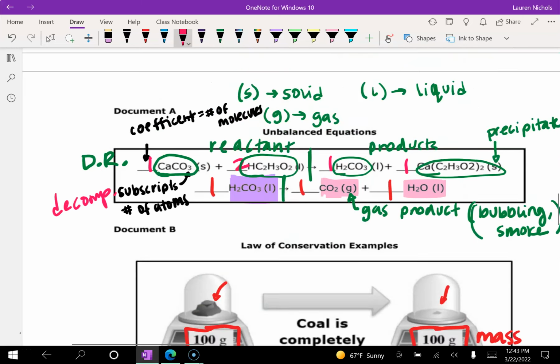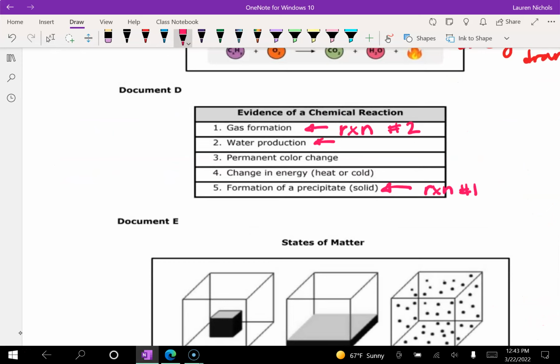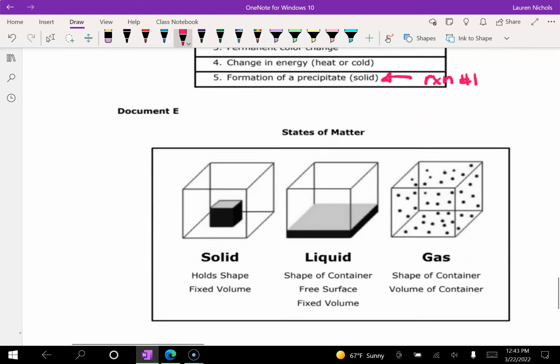We also see that it says water, and we see right here that we produce water. So that means we should also have this one in reaction number 2. It might actually, in fact, be the gas or the smoke that we see. We don't know about a color change or a change in energy, whether or not it'll be hot or cold, based on the data that they've given us.